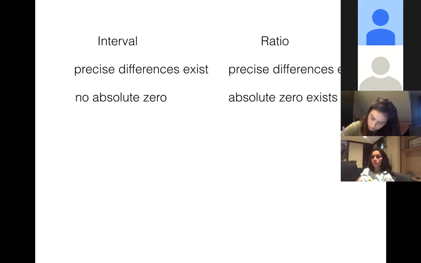How many of you have done your chemistry course and had to work with absolute zero? Okay, I see some people nodding and some people making funny faces. The good news is you don't have to calculate absolute zero. For us in statistics, absolute zero just means what? Anybody know what absolute zero means?